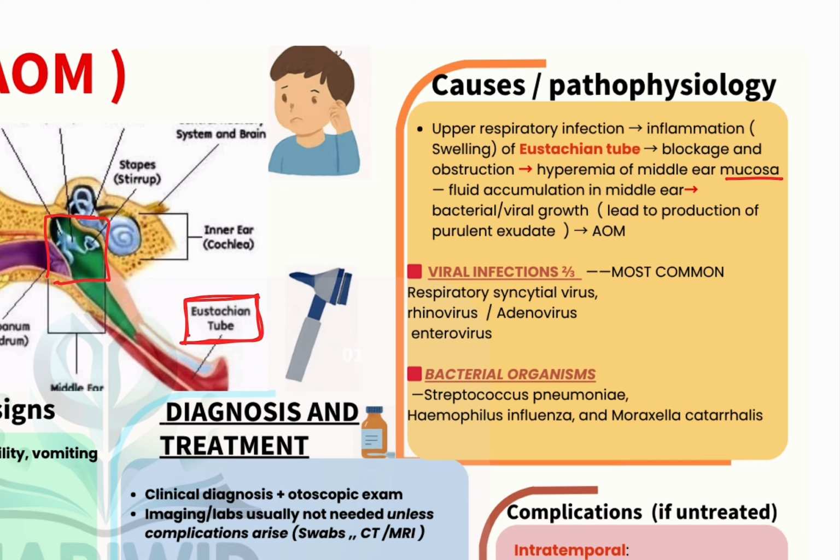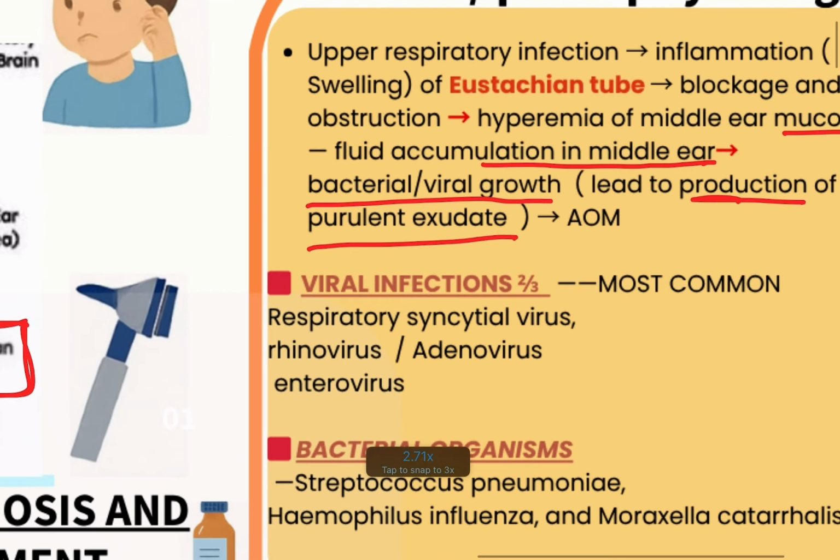Hyperemia, over time, leads to transudation and collection of fluid in the middle ear cavity. If there is on top of that bacterial or viral growth, it leads to production of purulent exudate, leading us to AOM, or acute otitis media.